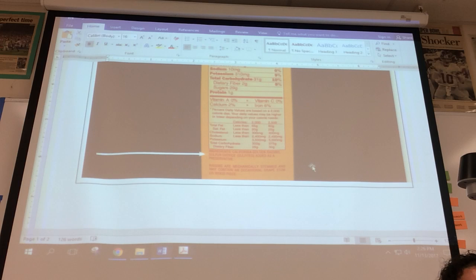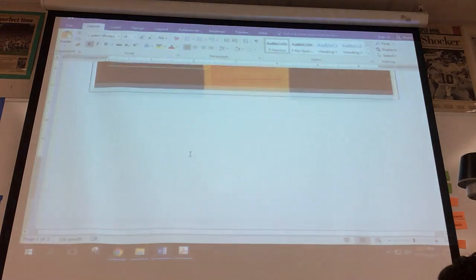Sulfur dioxide. What's the chemical formula? SO2. So you have a covalent compound in raisins.